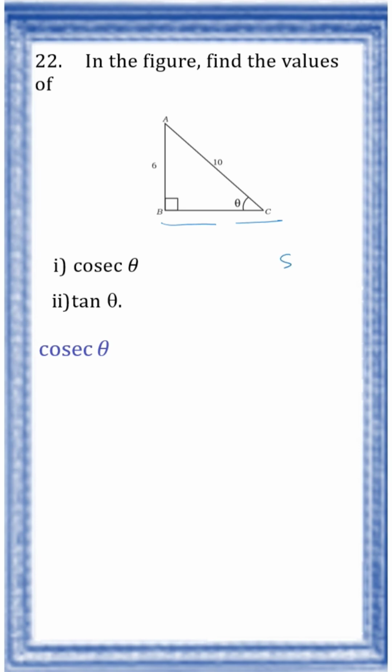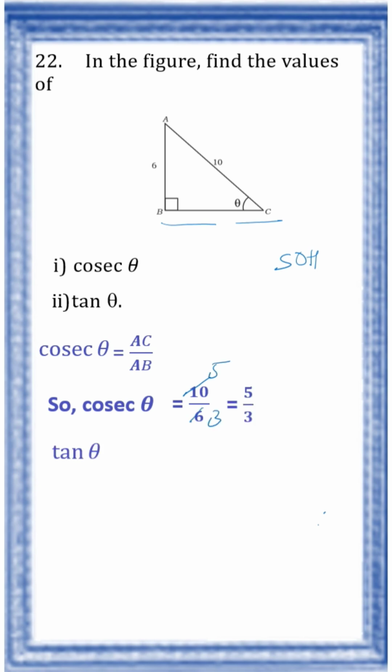Sine is SOH, opposite side by hypotenuse. So cosecant is hypotenuse by opposite, AC by AB. What is AC? By looking at the figure, 10. AB is 6. Simplify it: 2 fives are 10, 2 threes are 6. That is equal to 5 by 3.